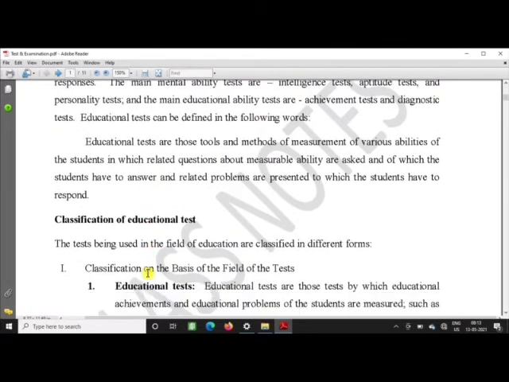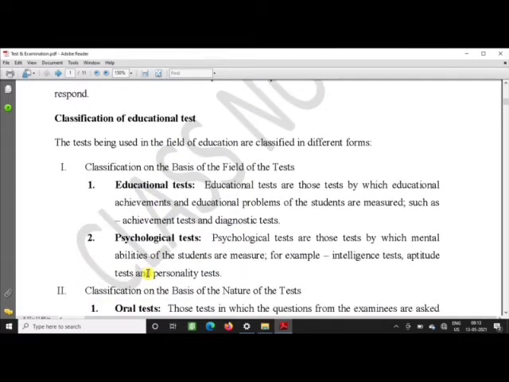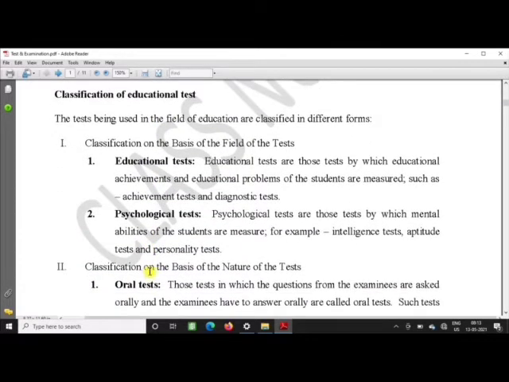Let's see the classification of educational tests. There are different kinds of classifications based on different things. The first classification is based on the field. Here we have two: one is educational test and another one is psychological test.